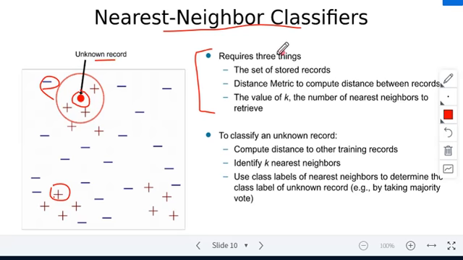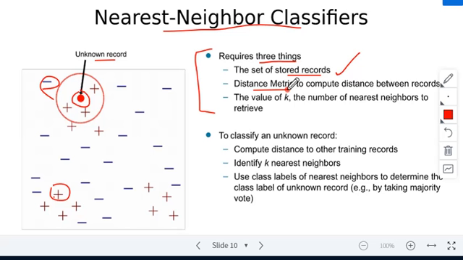What are the requirements for the nearest neighbor classifier? First we need the training data. Whatever you are seeing is training data, stored as records. Next, we need a distance metric or distance function to compute the distance between the records.